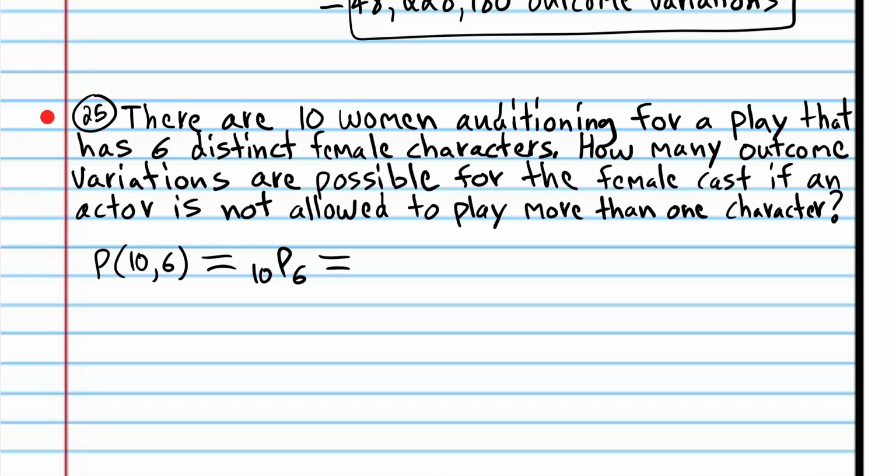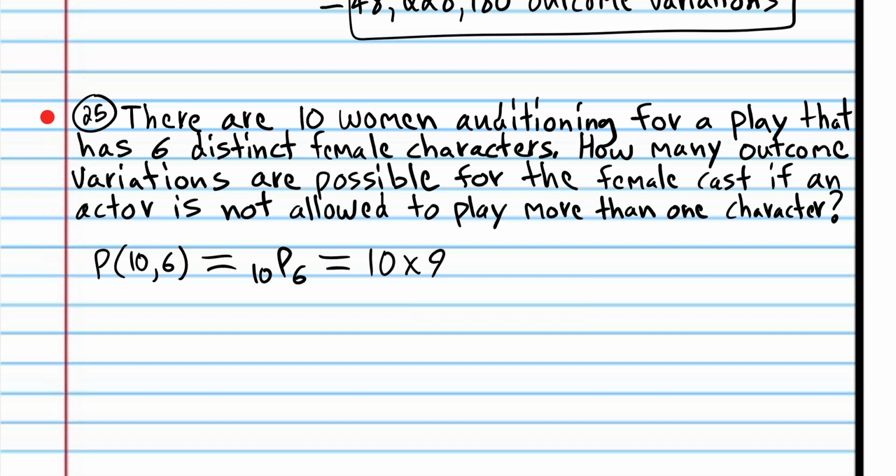And we're going to have 10 options of women for the first female character, and then we have 9 options for the second female character, because we already chose a woman for the first character. And understand that, again, no actress is allowed to play more than one part.